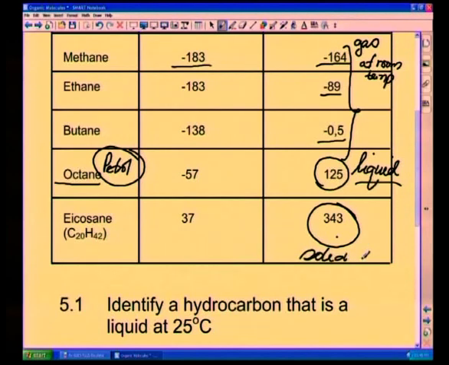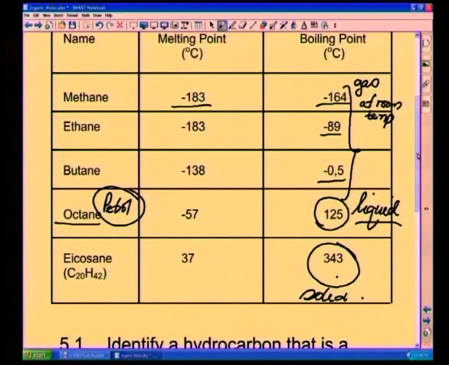Now, I also want you to check on something. This is a solid. Look at the number of carbon atoms in that chain of the eicosane molecule. That tells you this is going to be a solid. Here we've got 8 carbon atoms. It is a liquid. Butane, we have got 4. It's a gas. And up here, all these are gases, and they've got a lesser number of carbon atoms.